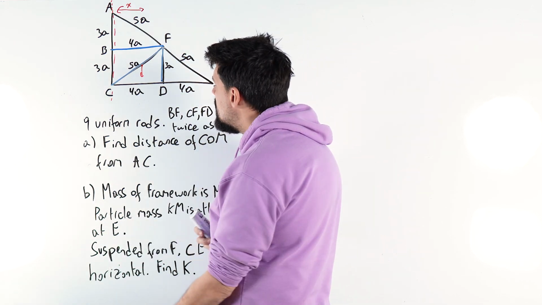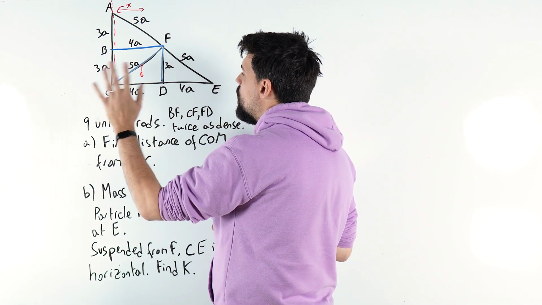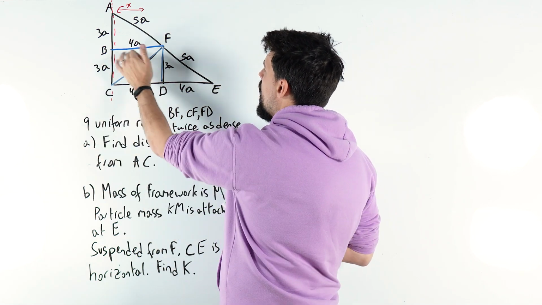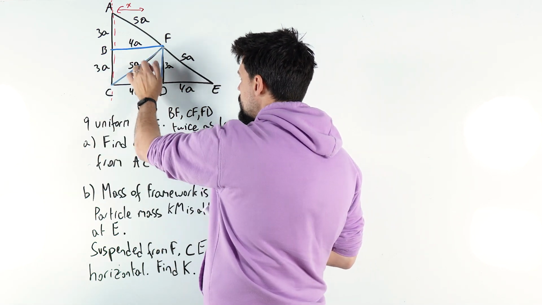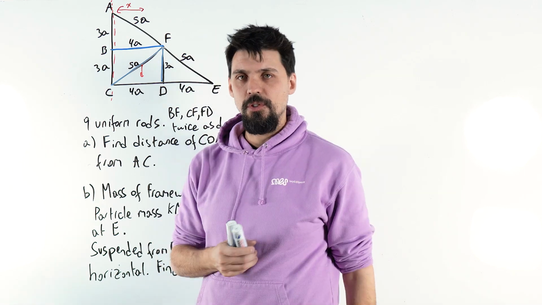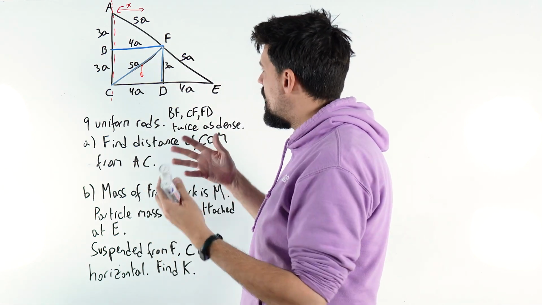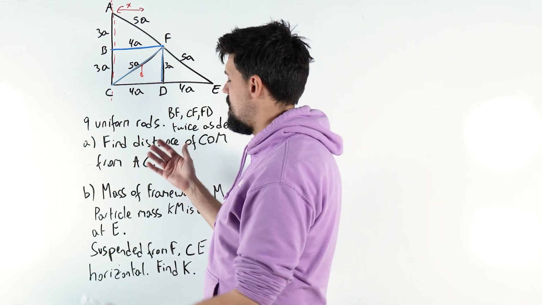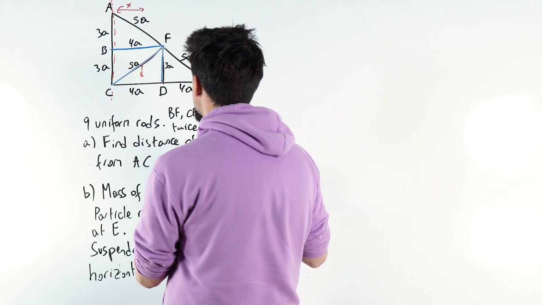But wait. They are all equal density, apart from these 3. These are twice as dense, so they weigh twice as much per unit length as the others, so we have to be quite careful about that.